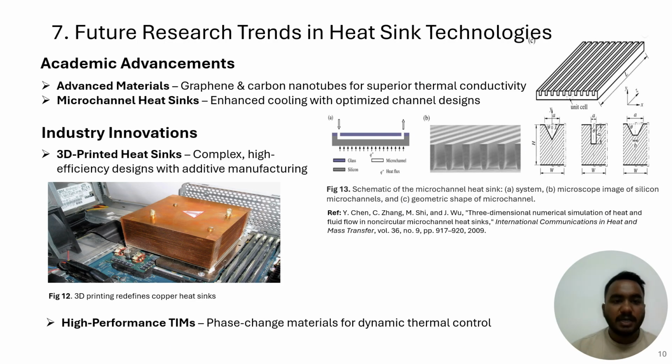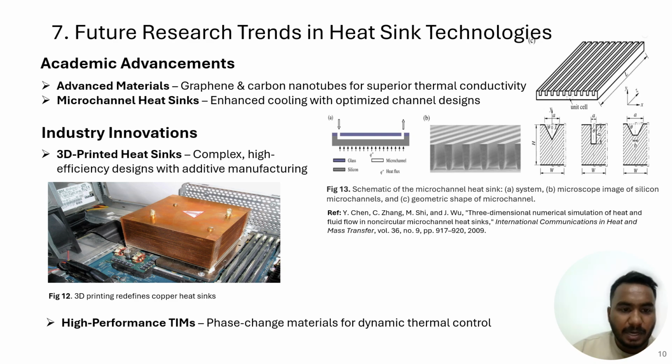Now coming to the future research trends in heatsink technology, as electronic devices become more power dense, research is focusing on new materials and cooling methods. For this I have two advancements, one is academic advancement.